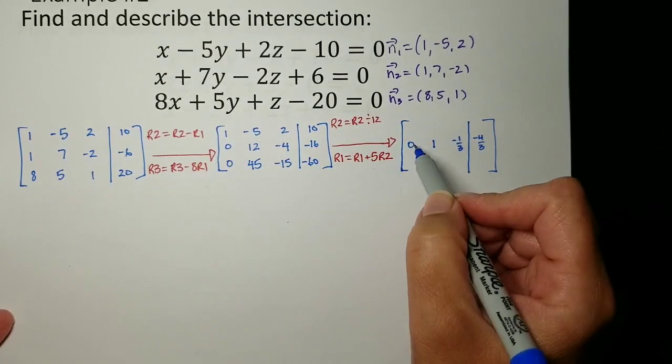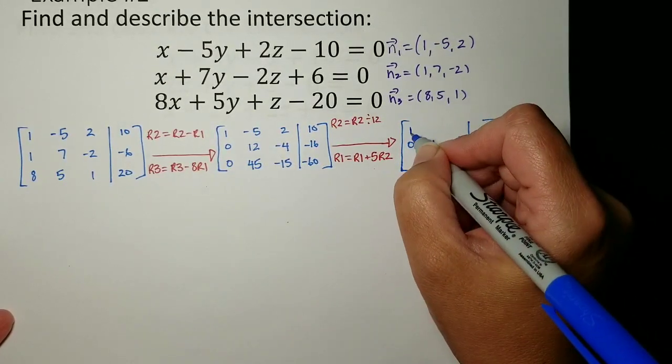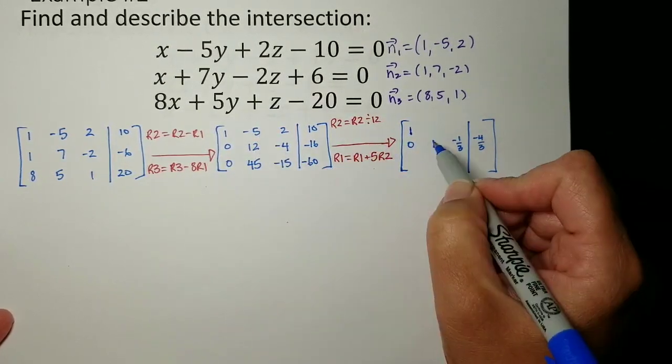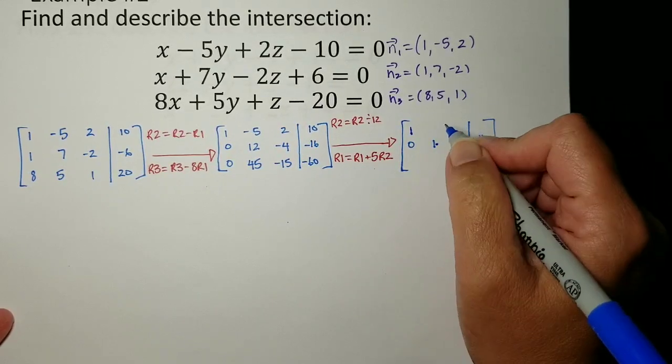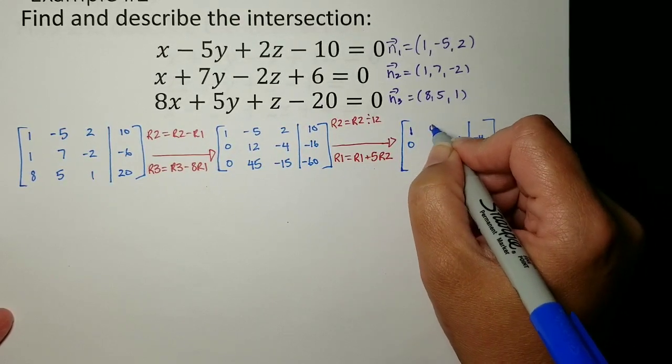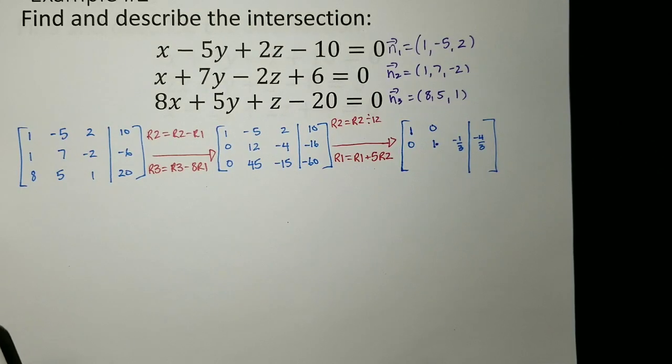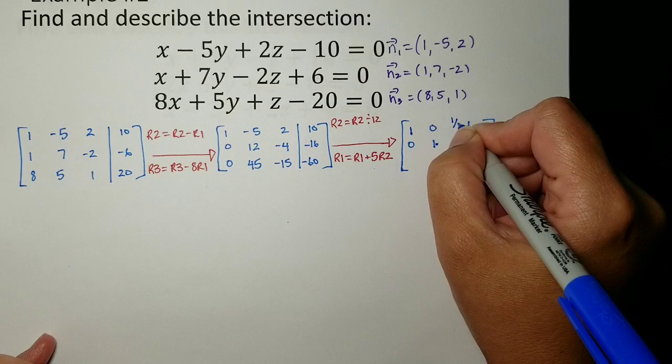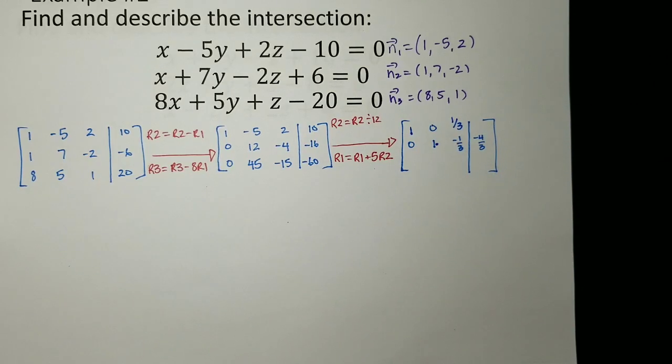So here I have 1 plus 5 times 0 is 1. Negative 5 plus 5 times 1, oops, I made a dot there, is 0. Now I'm going to have 2 plus 5 times negative 1/3. And that is a great example of when to use the fraction button on your calculator rather than risk making little mistakes, and that's 1/3.